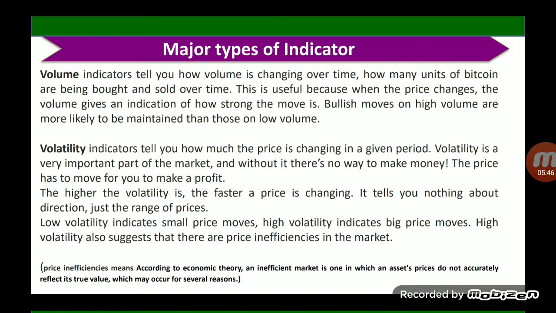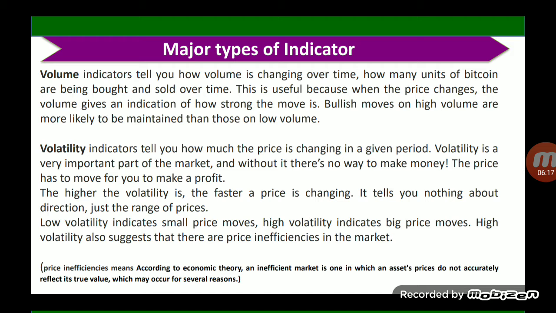This is useful because when the price changes, the volume gives an indication of how strong the move is. Bullish moves on high volume are more likely to be maintained than those on low volume. So volume is a very important indicator, and it gives an indication of the movement in the prices.